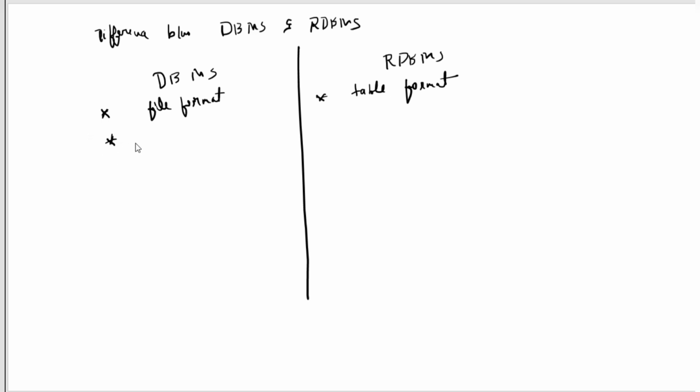In DBMS, we cannot establish a relationship. In RDBMS, we can establish a relationship between two or more tables.